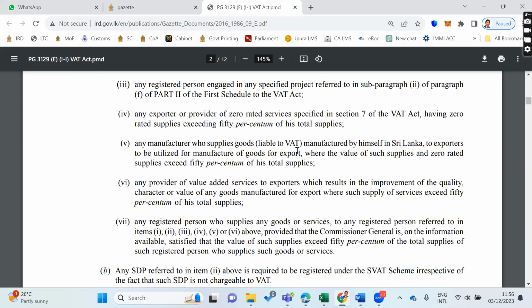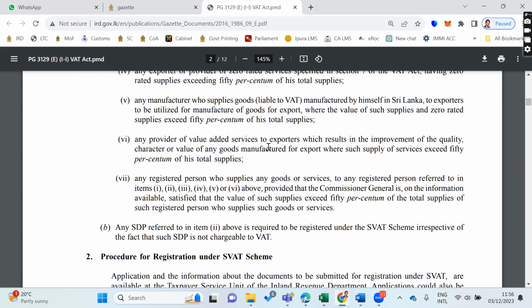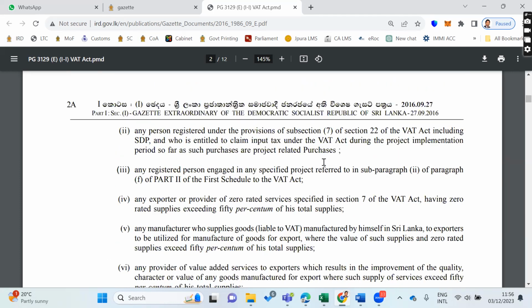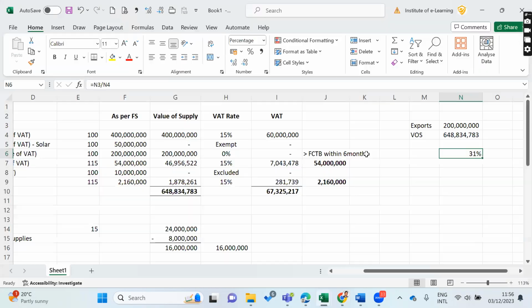These are the criteria. We have all 7 criteria, then you have to refer to this. According to this, they don't have more than 50% export.